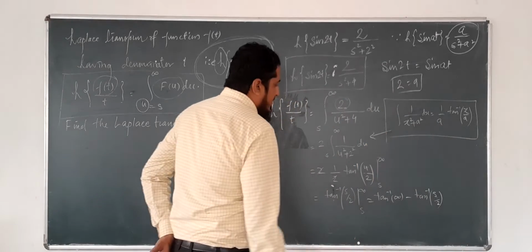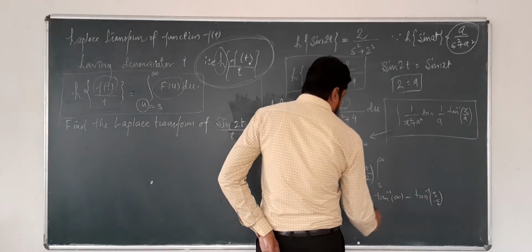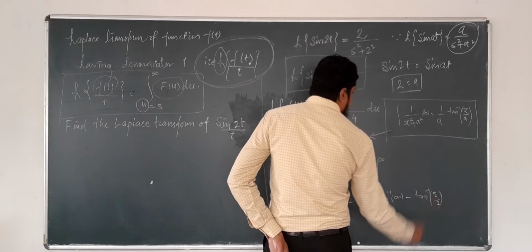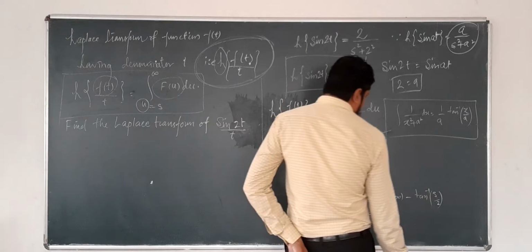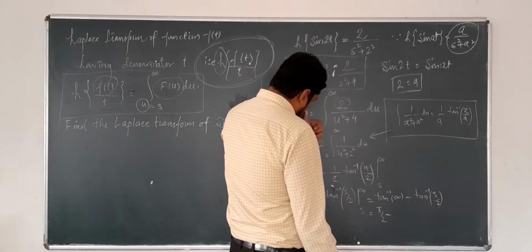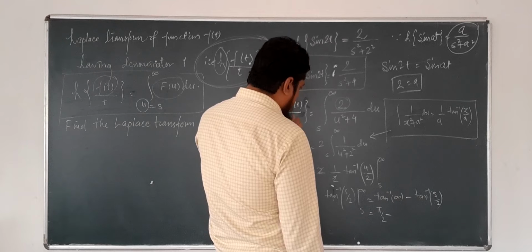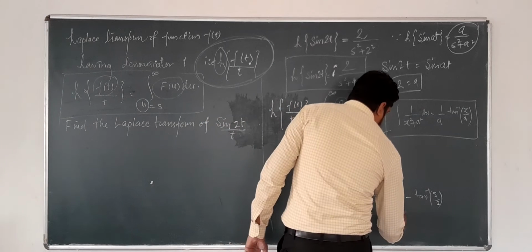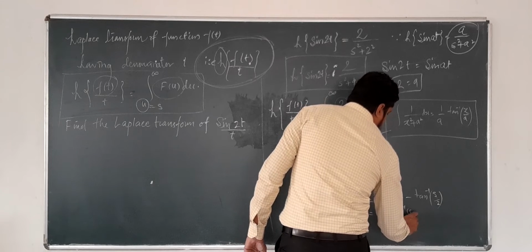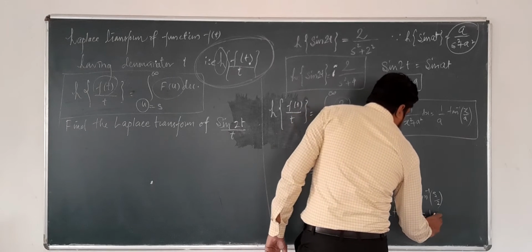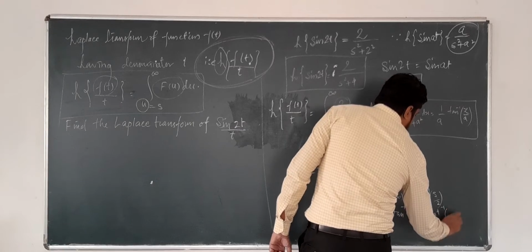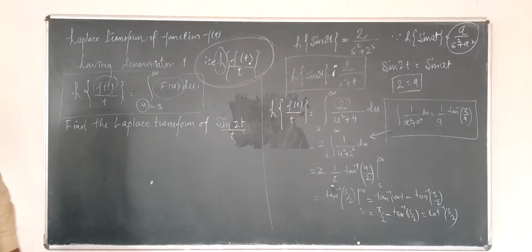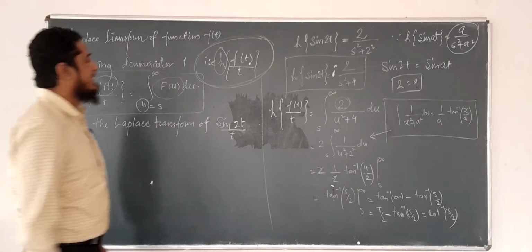Correct? Now tan inverse infinity becomes pi by 2, and tan inverse of s by 2, which is equal to cot inverse s by 2. Correct? We will get cot inverse s by 2.